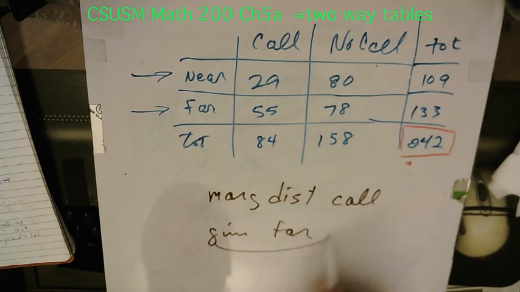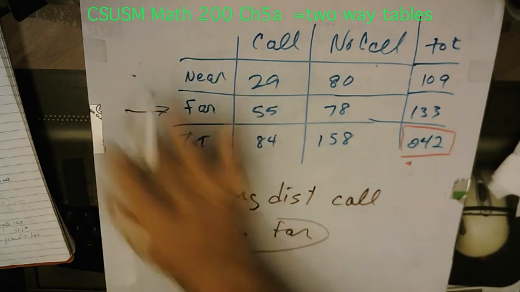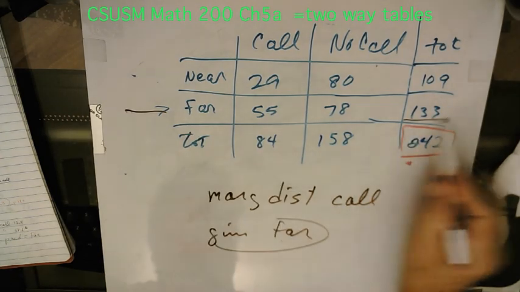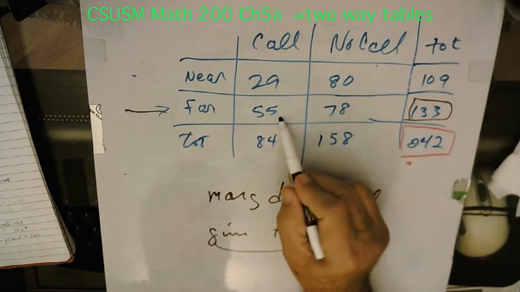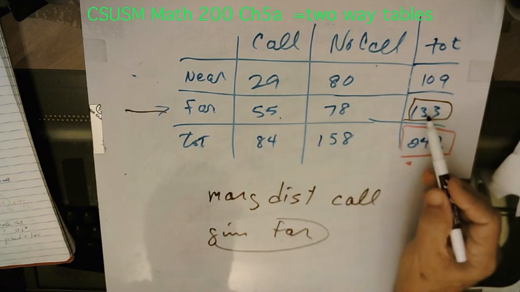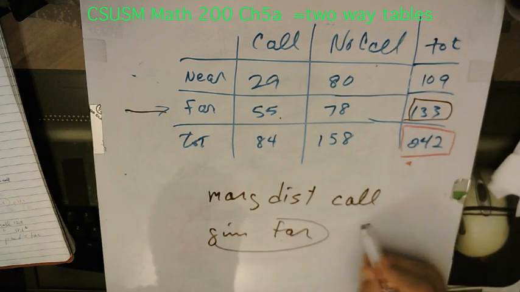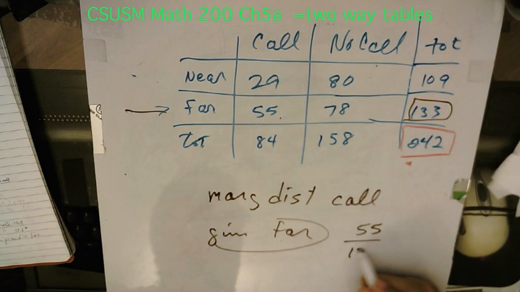Well, then we'll take the given here and we'll look at the far column, and we'll come over here and we'll use this total, and we'll use the fact that they made a call and the predator was far away. So this would be 55 out of 133.